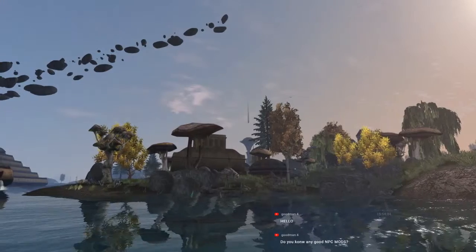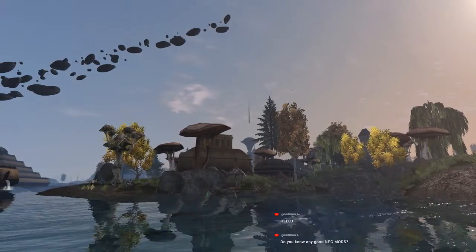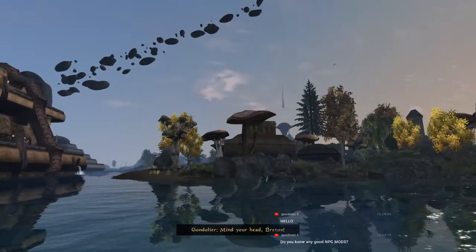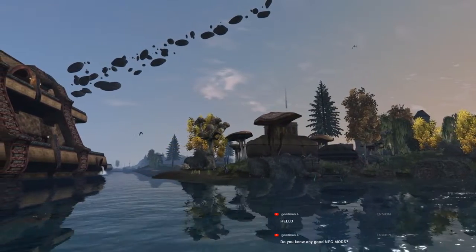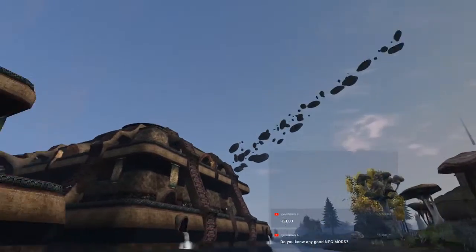That distant Telvanni, sorry, not Telvanni, but Dreamer Tower with that beacon is really something I must fix.